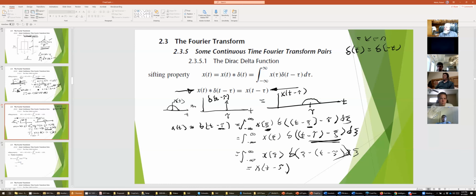And this is by the sifting property, right? We get this function back at this variable. So from here to here, we've used the sifting property of the delta function.